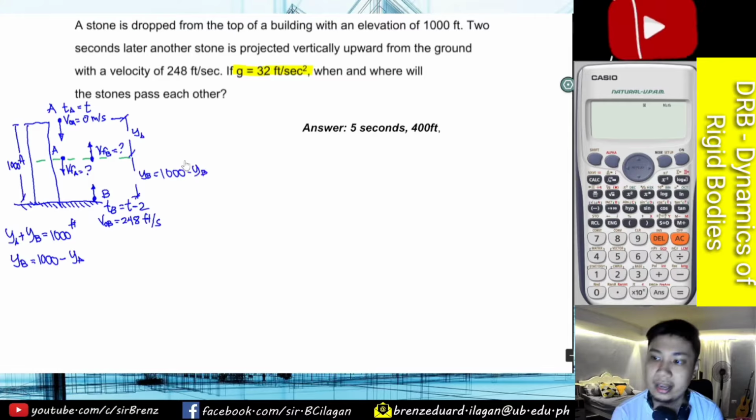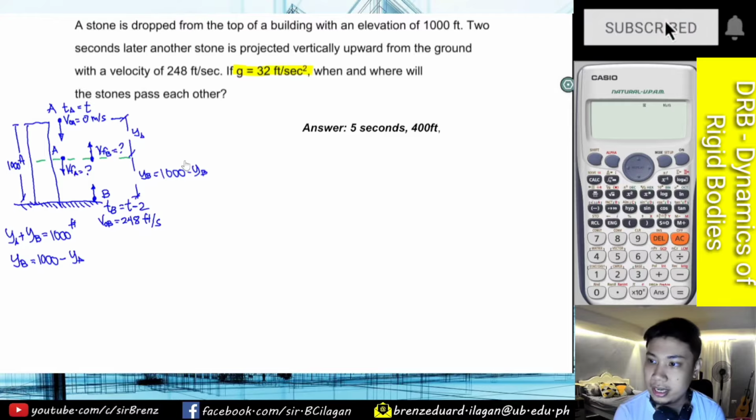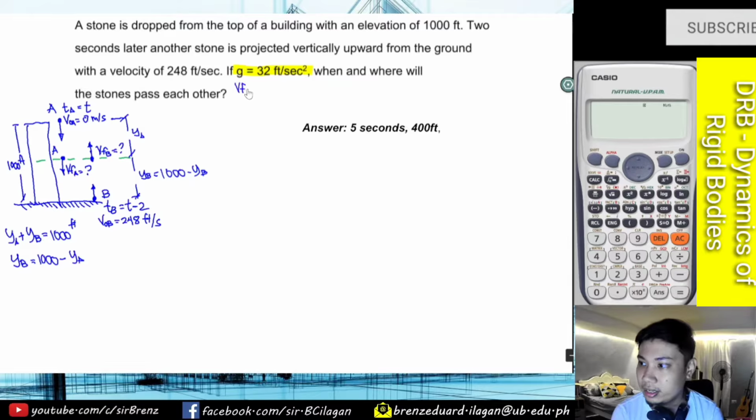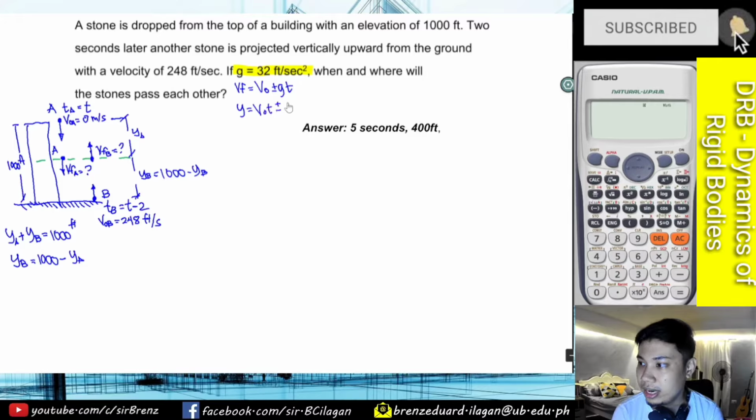YB. So what do you think will be our solution here? Before that, as we always do, lay out all the available equations we can use. Final velocity equals initial velocity plus or minus gt. Then y is V0t plus or minus 1/2 gt squared.